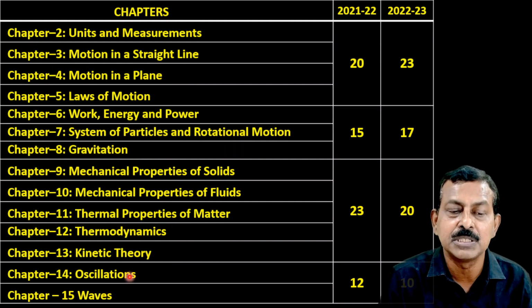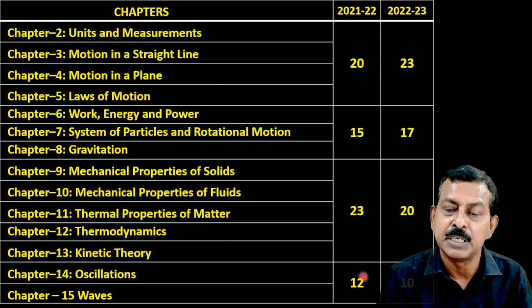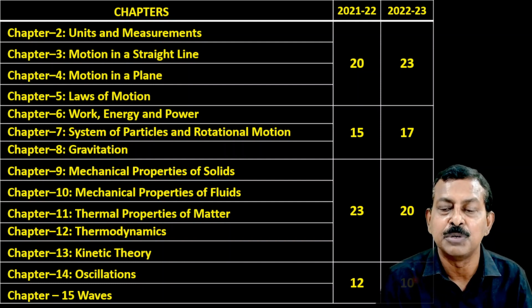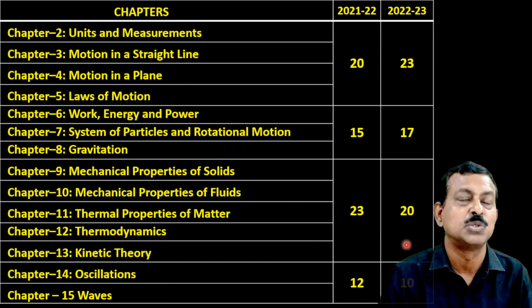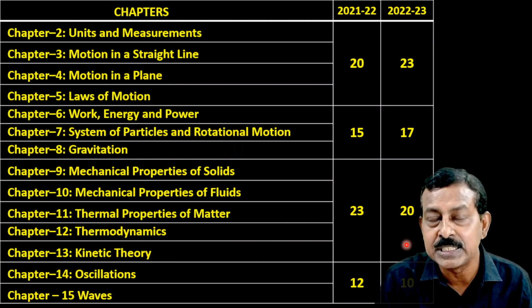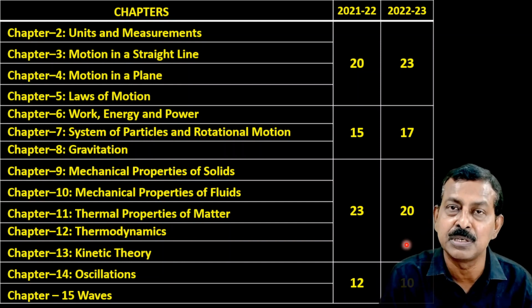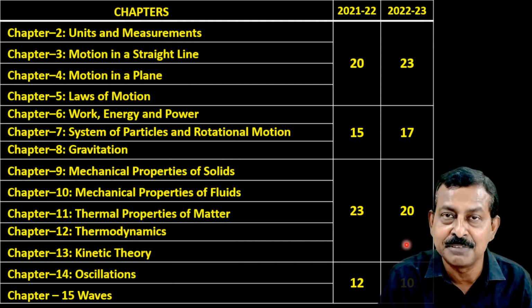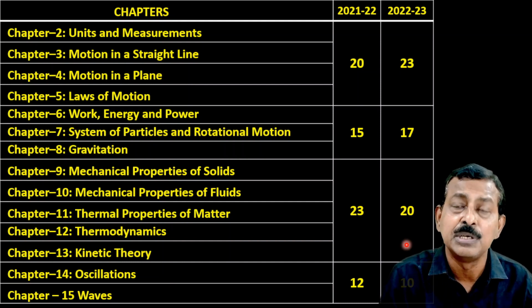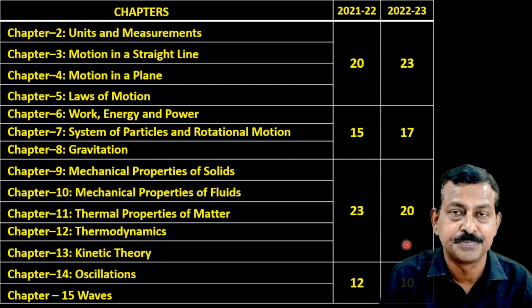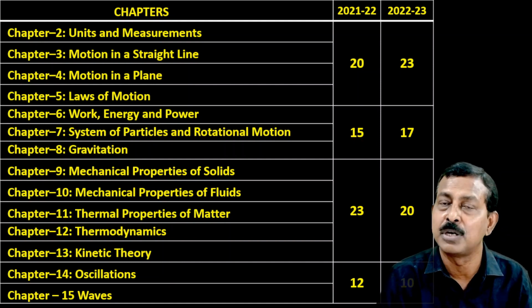Whereas oscillations and waves, chapters 14 and 15, were 12 marks earlier. Now it is 10 marks. So these were some of the changes in the syllabus and the change in the marks distribution for physics for class 11 for the session 22-23. So this is all for today's discussion.